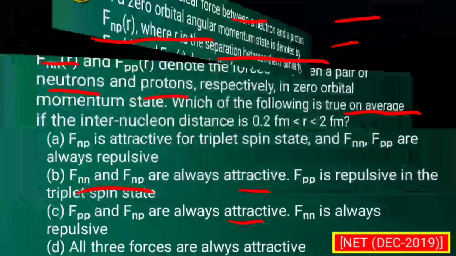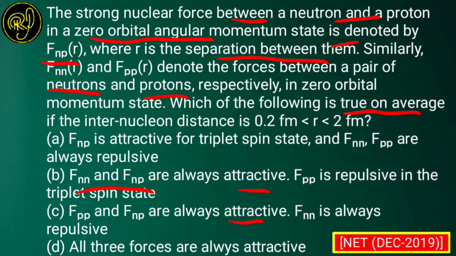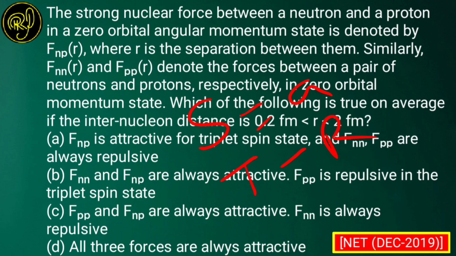So for the singlet state the interaction potential is negative, meaning the force is attractive, and for the triplet state the force is repulsive. Let's see if any option matches it.